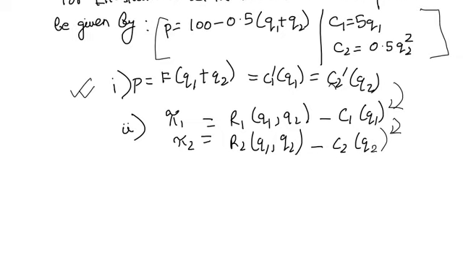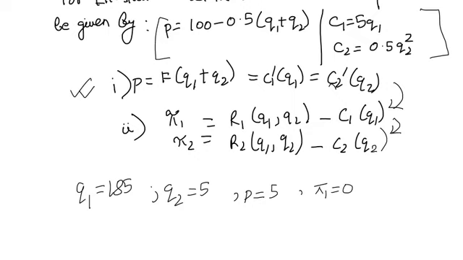That is, Q1 is equal to 185, Q2 is equal to 5, P is equal to 5, pi 1 is equal to 0, which means 0 economic profit in the long run, and pi 2 is equal to 12.5.